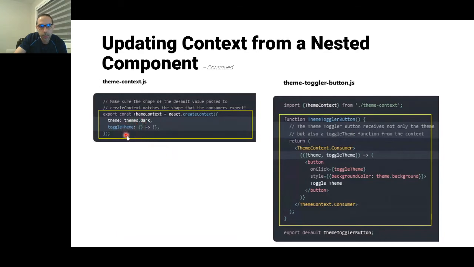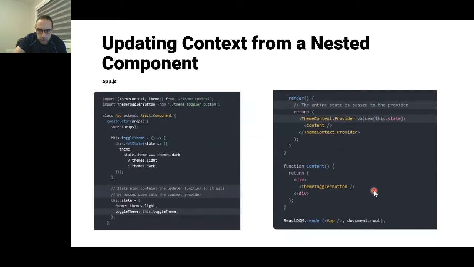But I think the concept is clear. Basically, when you would like to change the context from within the consumer, you pass a function, and through that function, you implement the change that you would like. And sorry for missing that piece of code. My bad.